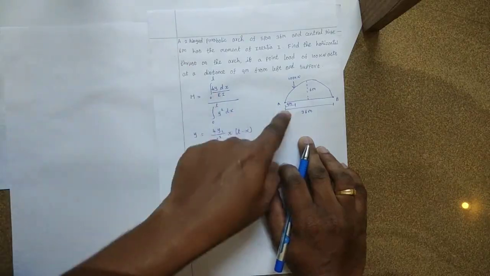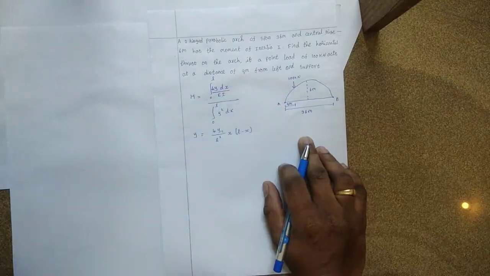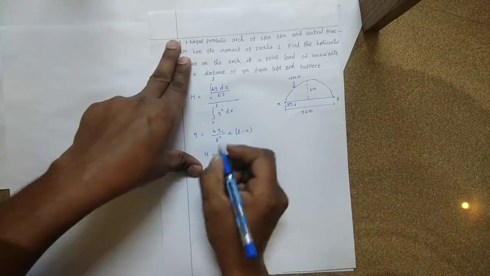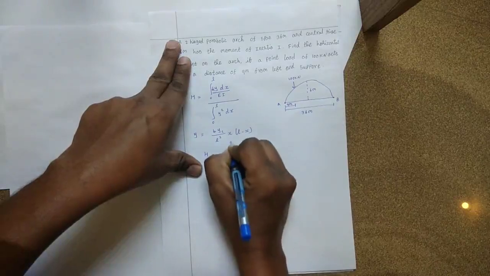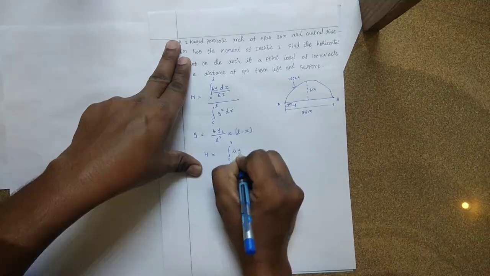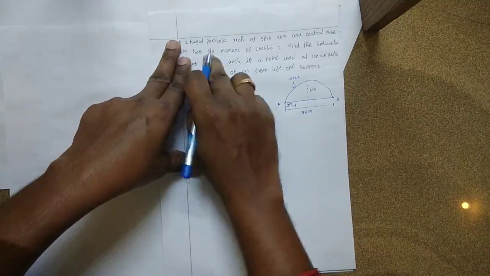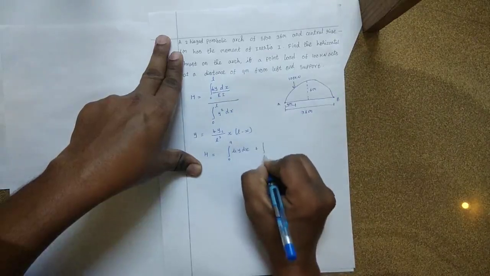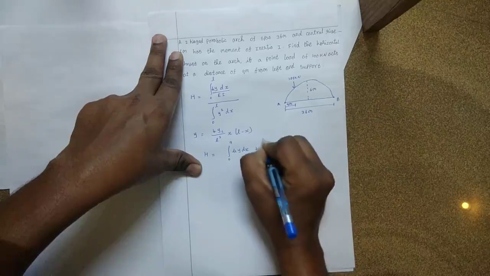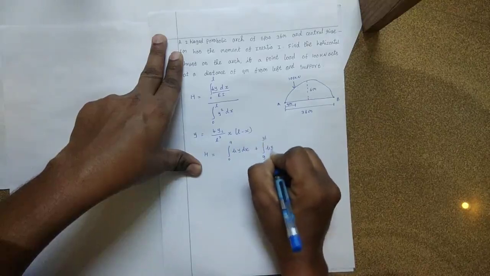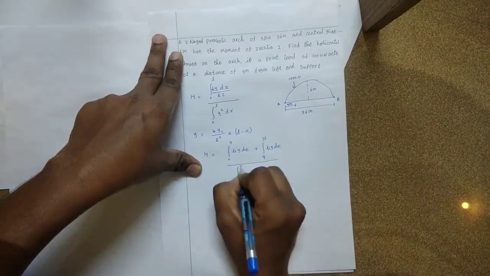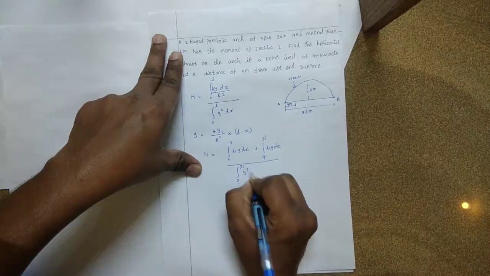So here we have a difference in load. That is, we need to find out the numerator value before application of the load and after application of the load. So the H value will be like this: H equal to integration of 0 to 9 mu y dx, because they have given moment of inertia I, so it is common, we can omit that, plus integration of 9 to 36 mu y dx, divided by integration of 0 to 36 y square dx.